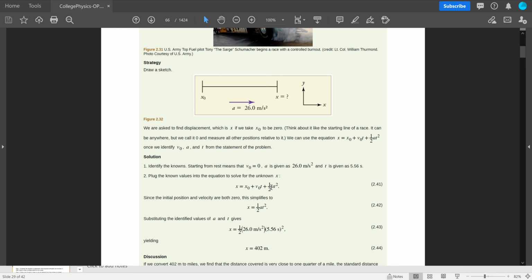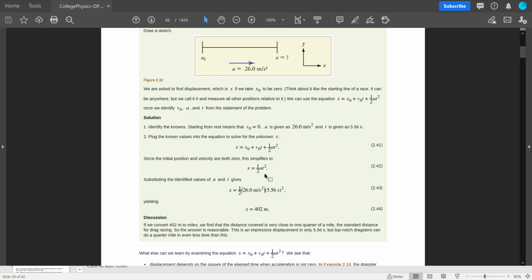So plus the 1/2, just bring it along with it, times our acceleration, 26 meters per second squared, times our time again, 5.56 seconds, squared. So x initial is 0, don't have to write that down here. And our v initial starts at 0, it starts at rest. So all that's left is the 1/2 at squared here.